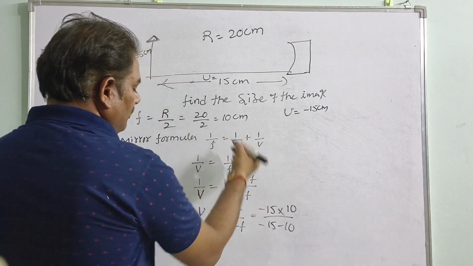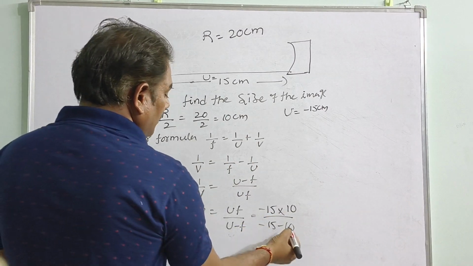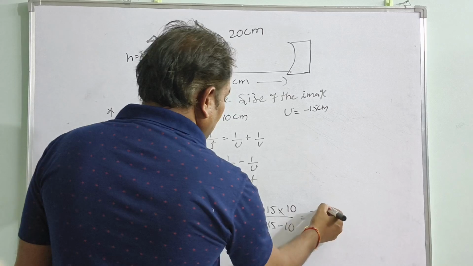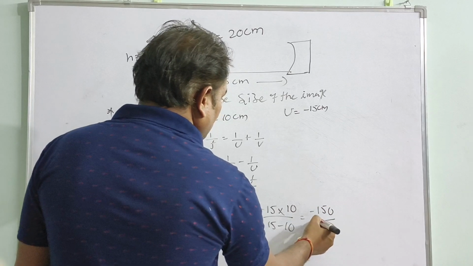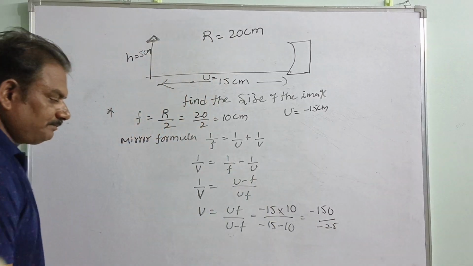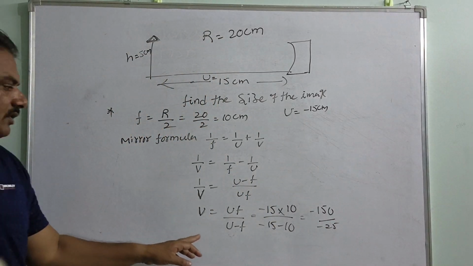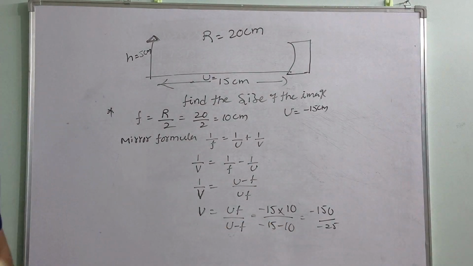So v is equal to minus 15 into 10 by minus 15 minus 10. So minus 150 by minus 25.